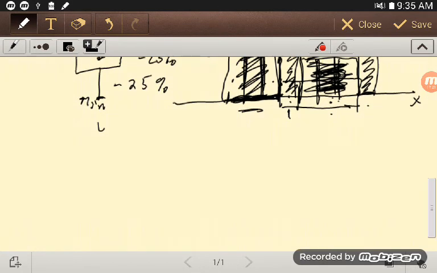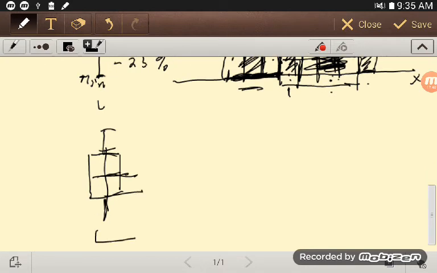Something that's nice and uniform, I would expect to have all even segments. This is the same length as this, is the same length as that, is the same length as the bottom part.